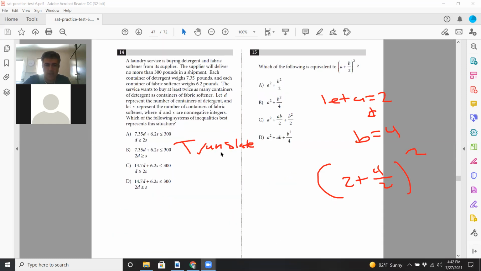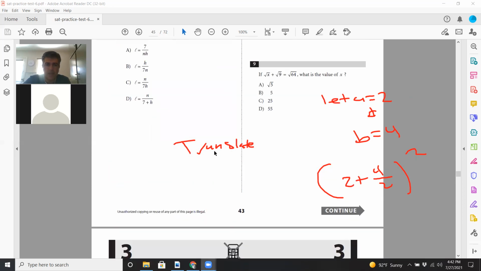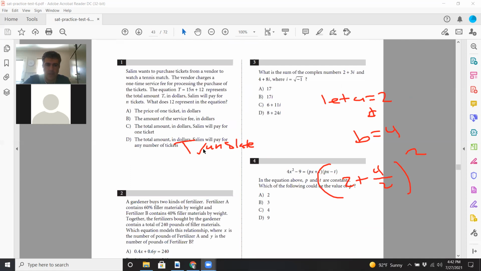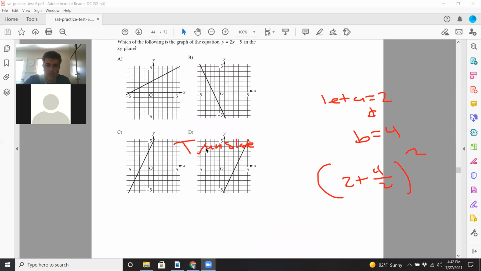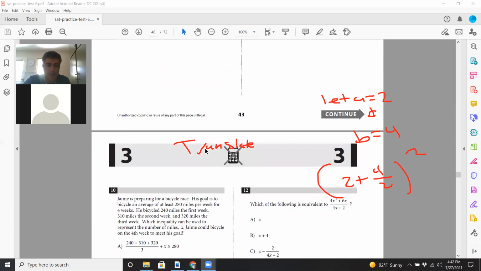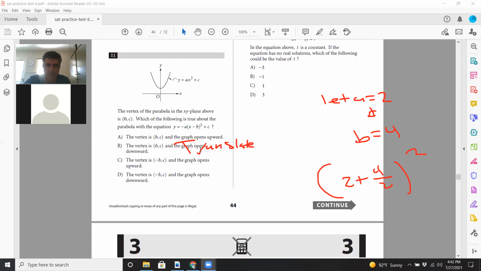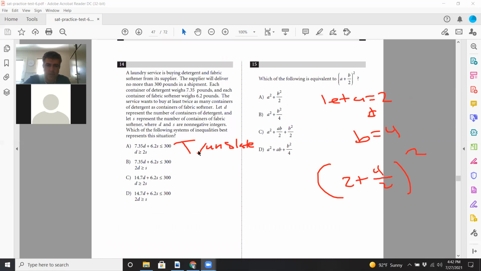And 14 is just translating, like what we did earlier with numbers like 1 and 2, where we had to translate the words into mathematical operations, and kind of with number 10 as well.